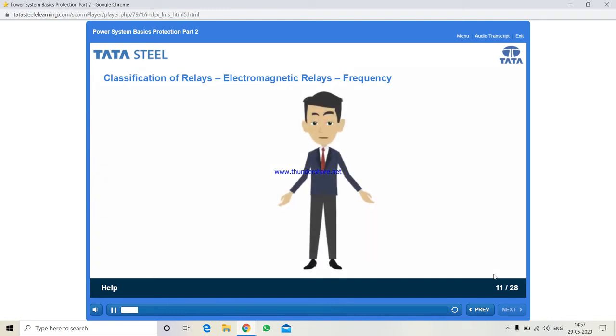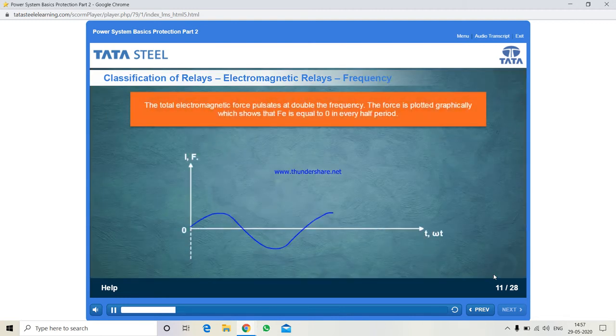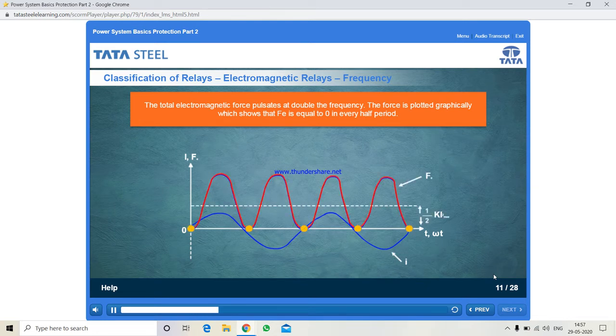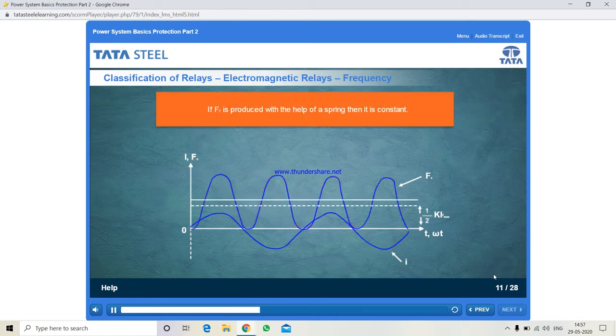Let us now look at how frequency works in an electromagnetic relay. Take a look at this graph. The total electromagnetic force pulsates at double the frequency. The force is plotted graphically, which shows that Fe is equal to 0 in every half period. If Fr is produced with the help of a spring, then it is constant.